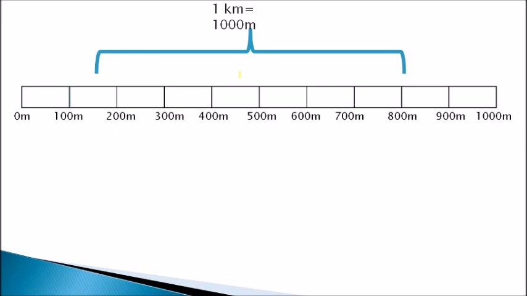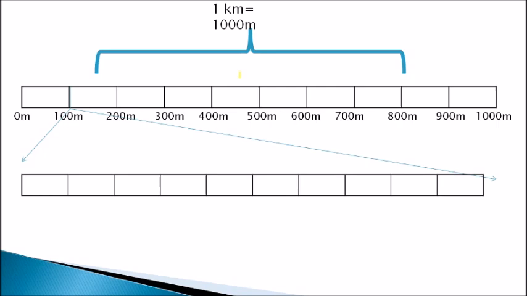And when you zoom into that 1 meter line, you find that 1 meter consists of 100 small lines of centimeter, starting from 0, 10, 20, 30, 40, 50, 60, 70, 80, 90 and 100. So 1 meter consists of hundreds of small lines, and each line stands for 1 centimeter.